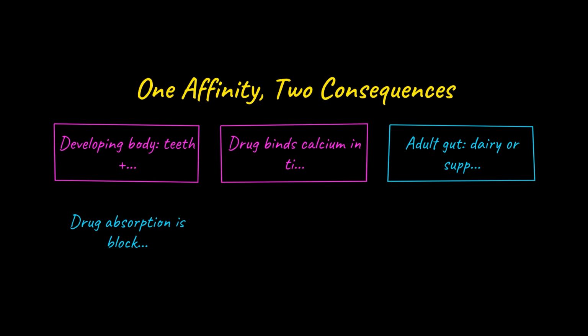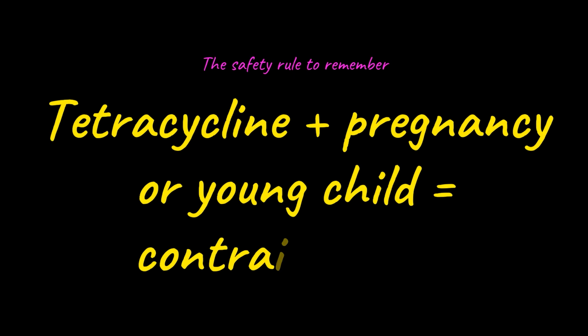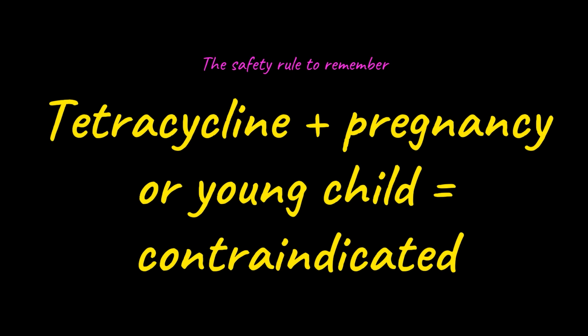In the adult gut, the same binding can block the drug's own absorption when taken with dairy. One affinity, two very different consequences. The clinical signal is straightforward. Whenever you see tetracycline paired with pregnancy, breastfeeding, or a young child, that pairing is the contraindication. The drug is avoided to protect developing calcium tissue, teeth and bones that are still being built.